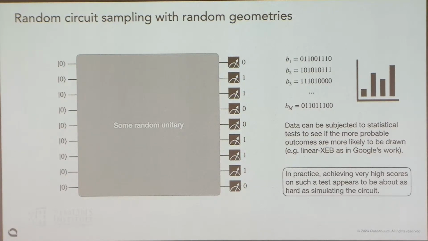And the overall thinking is that, in practice at least, if you can achieve very high scores on a benchmark like this, consistent with having a circuit that outputs a state with almost perfect fidelity, then spoofing such a test or scoring well on such a test seems to be about as difficult as just directly simulating the circuit in that regime. So that would be the premise of random circuit sampling being a difficult to simulate kind of experiment.